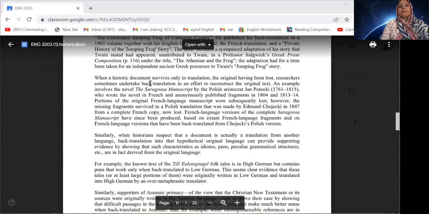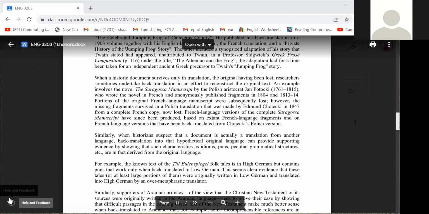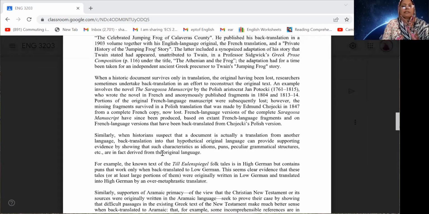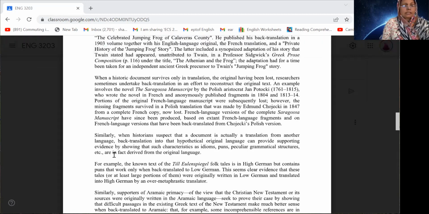When a historic document survives only in translation, it loses the originality. Okay? The original gets lost. When historians suspect that a document is actually translated from another language, back translation into the hypothetical original language can provide supporting evidence showing that idioms, puns, grammatical structures are derived from the original language.